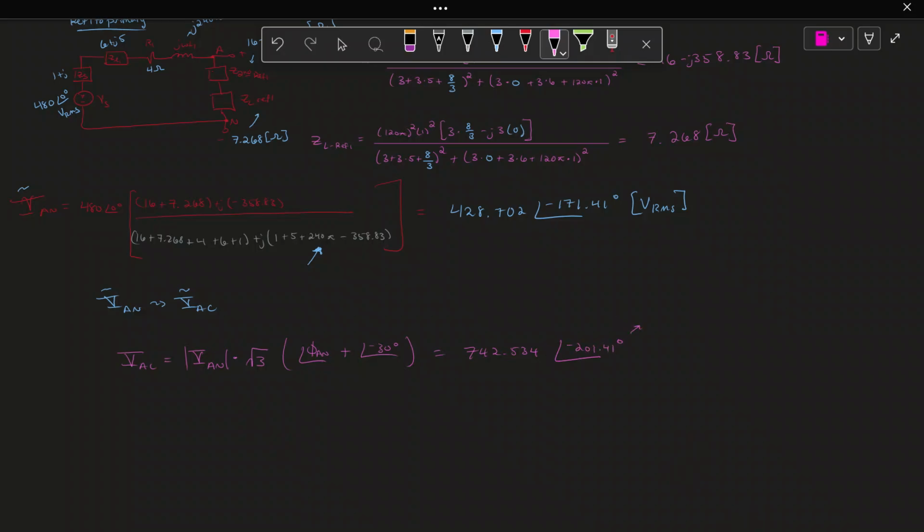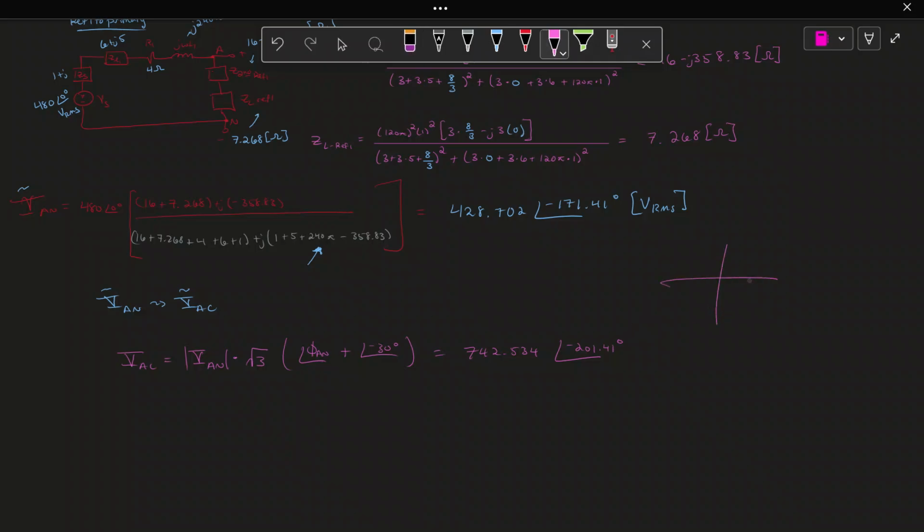This can also be written as what? We can add 180, and we get positive, hold on, let me think about this. We can leave it like this. Leave this as negative 201, however y'all want. If you want to change it, y'all can.